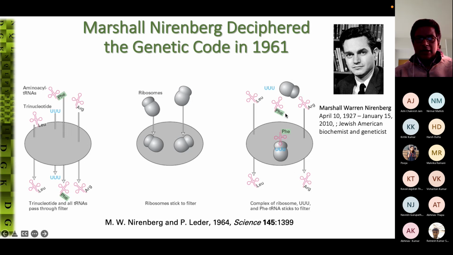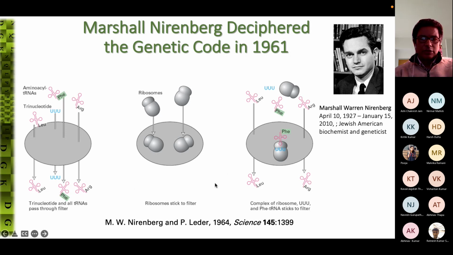And to eliminate the possibility that there could be any other tRNAs, they also added, for example, the tRNA for arginine and leucine, and found that they passed through, but not the one that was bound to the ribosome. So that gave him the ability to completely decipher this entire genetic code.